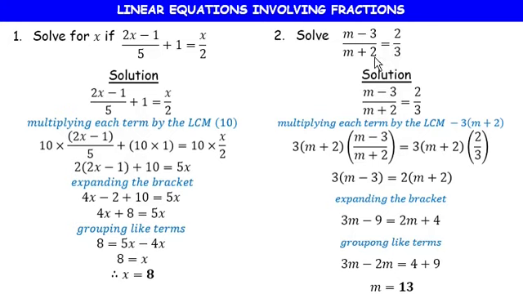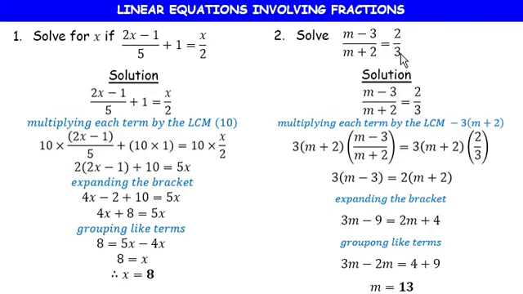So here too, we are going to see m plus 2 and 3 as our denominators, right? So the LCM becomes 3(m plus 2). So basically with LCMs, you just multiply the denominators.